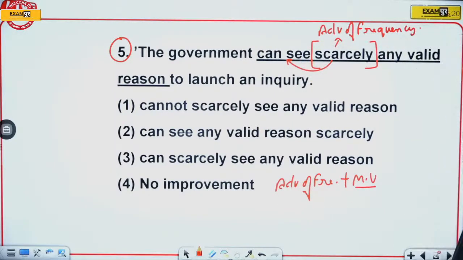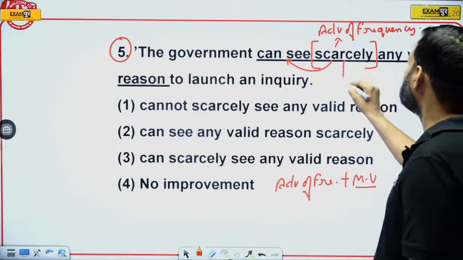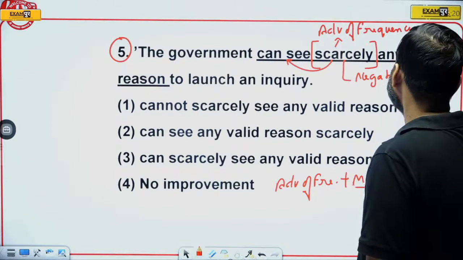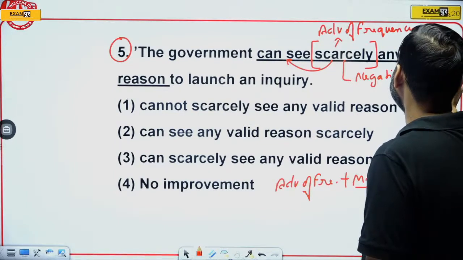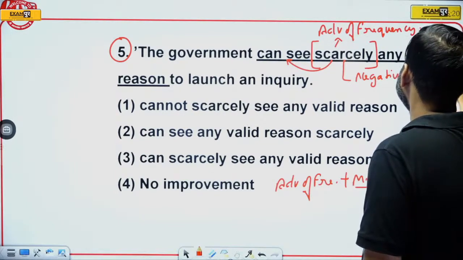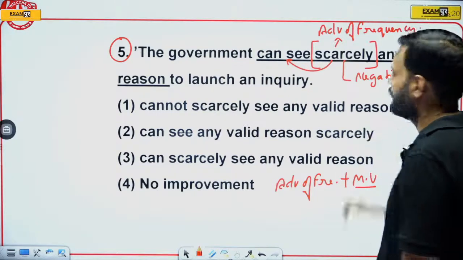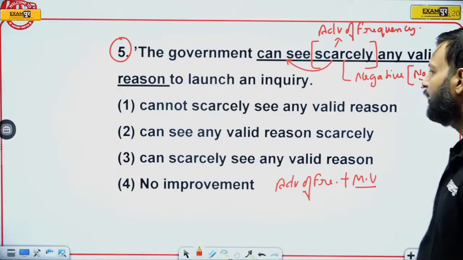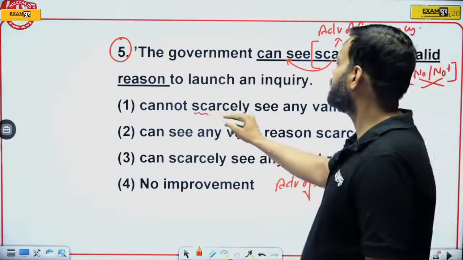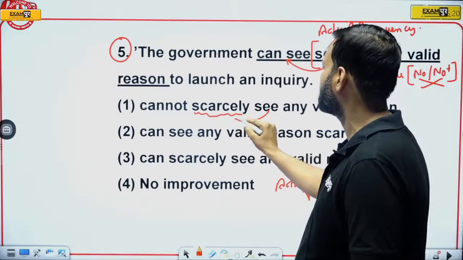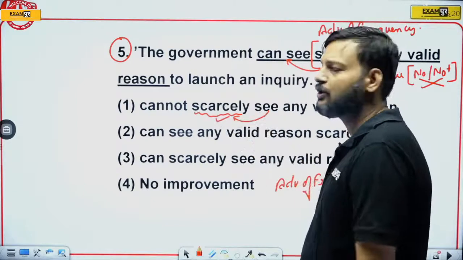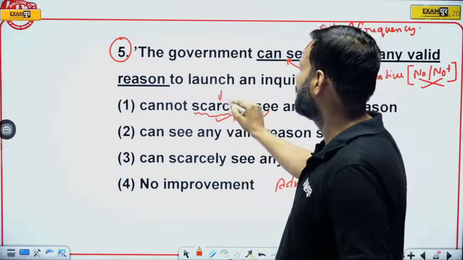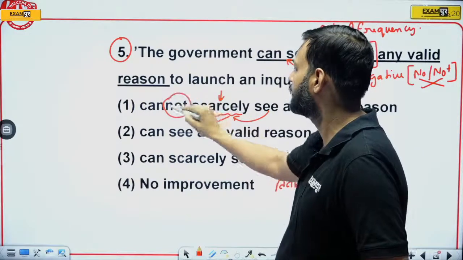Now, one more thing, scarcely is a negative word. We cannot use no or not with it. So these are the two things that you have to keep in mind. Now, in this sentence, the position of scarcely is absolutely correct. But since scarcely is a negative word, we cannot use not.